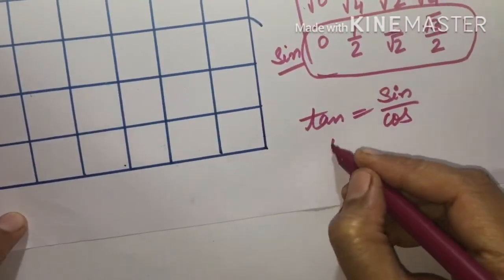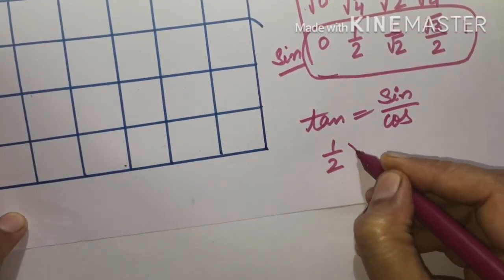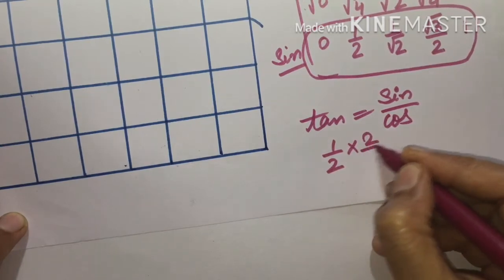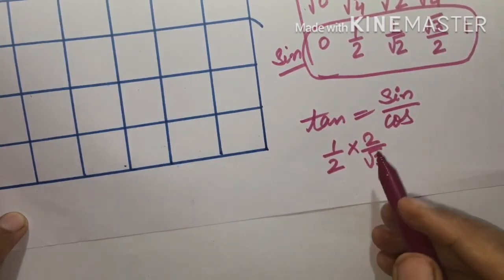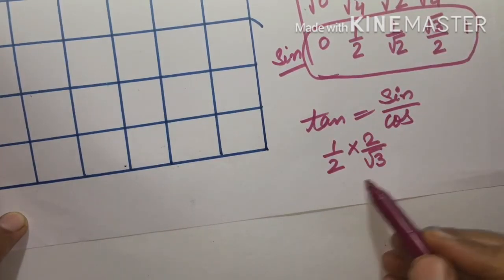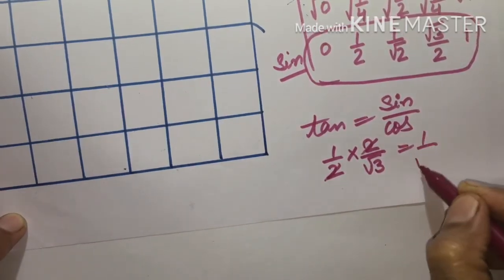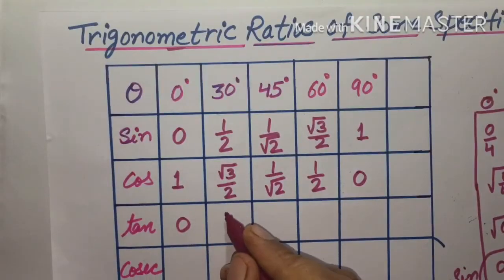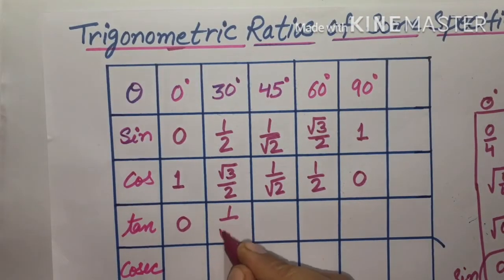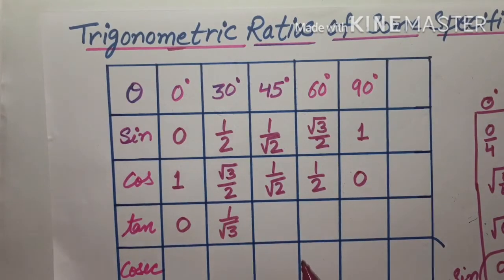So we can write it like this: 1 upon 2 multiplied by 2 upon root 3. When we divide fractions, it goes reciprocal. So the value is 1 upon root 3.